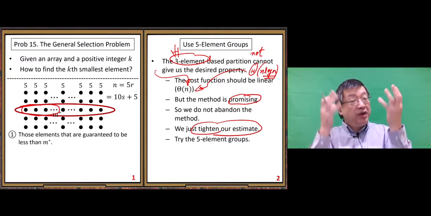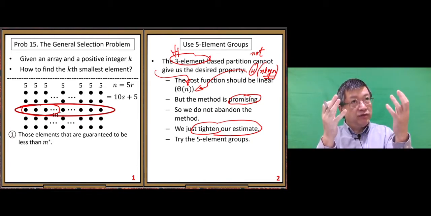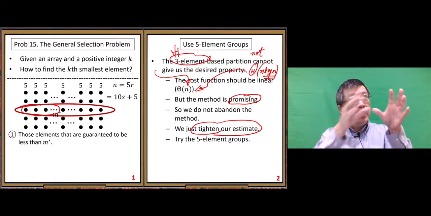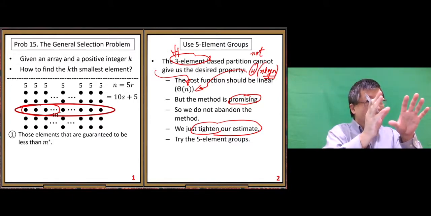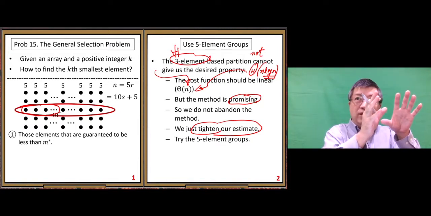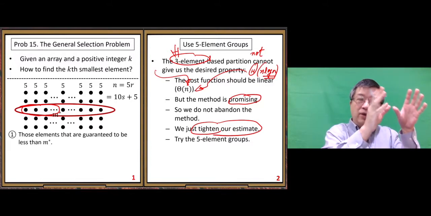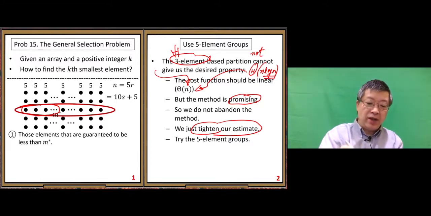Remember, when we define the recursive function, the cost function, when we return the S array indices, we also return those indices that correspond to the elements with rank numbers less than that of M star.